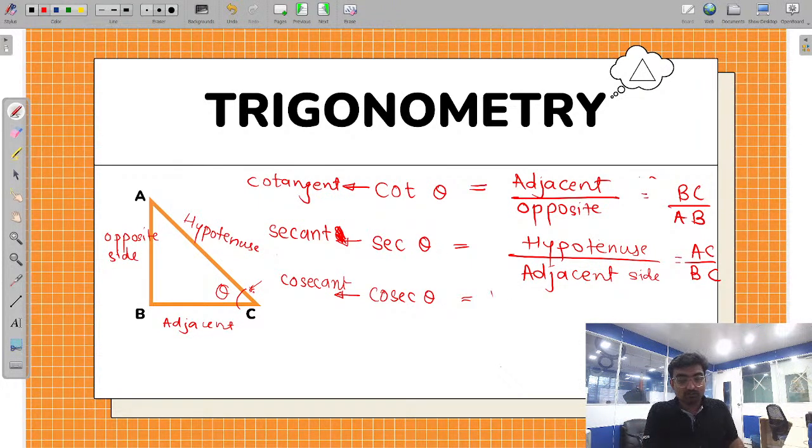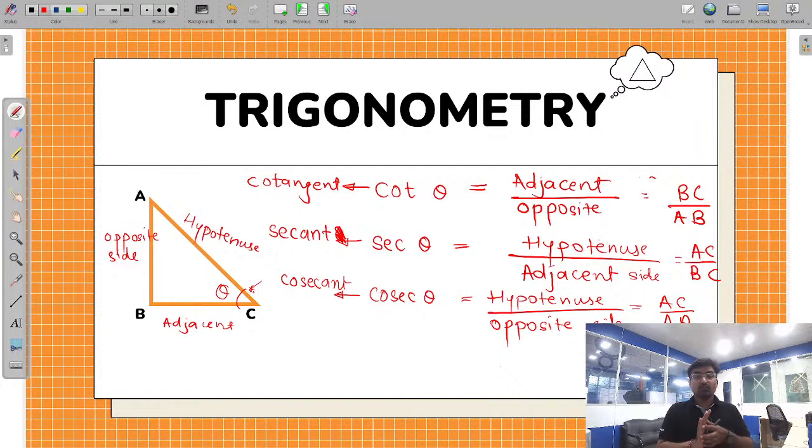For that it is hypotenuse upon opposite side, right? Hypotenuse is AC again, opposite side is AB. Clear? Now how to remember these six ratios?